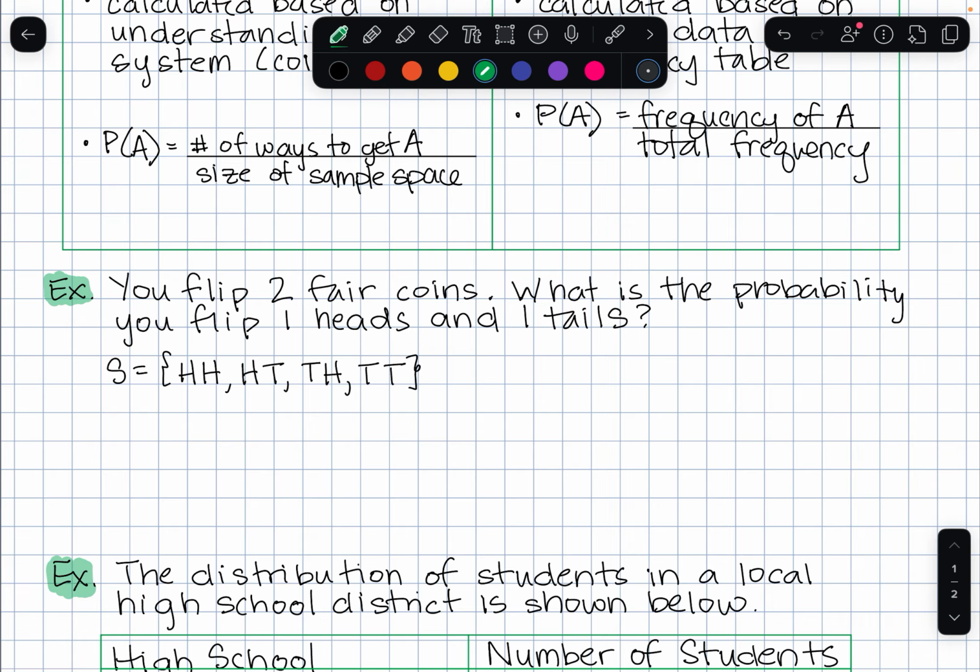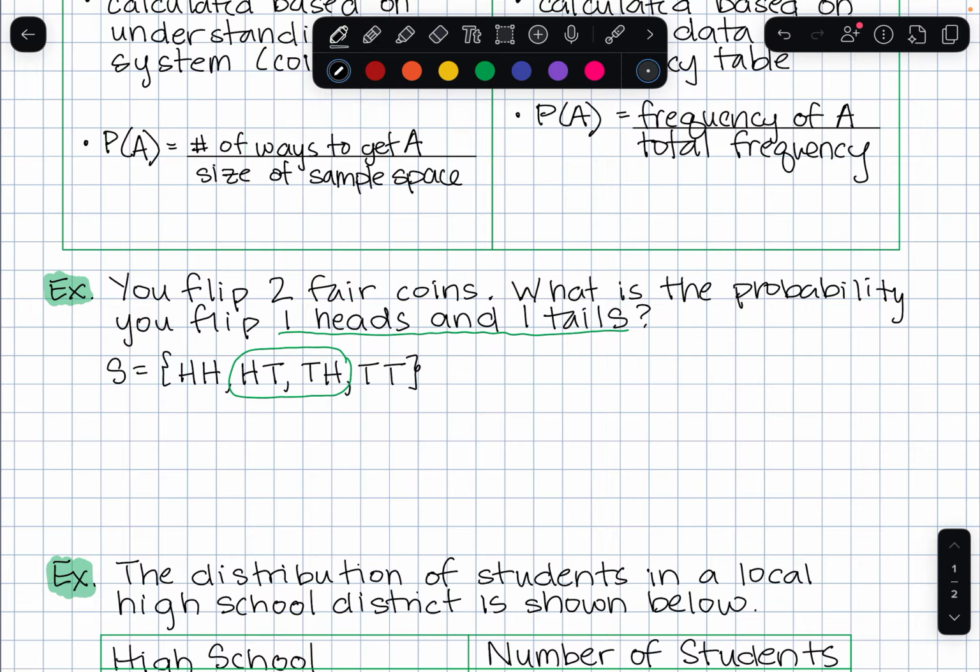The event of interest is 1 head and 1 tail. And it didn't specify order, it just said 1 of each. So looking at my sample space, the two things I'm interested in are head, tail, and tail, head. That's 1 head, 1 tail.